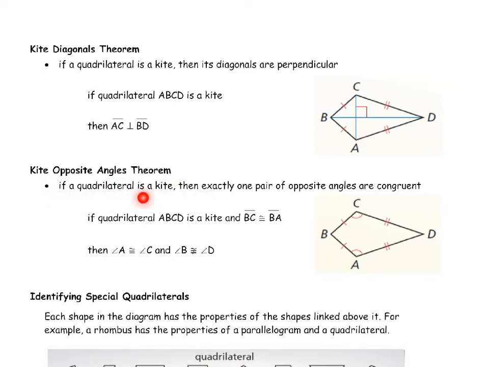If a quadrilateral is a kite, then exactly one pair of opposite angles are congruent. In this case, angle A would be congruent to angle C. I know that angle B and angle D are opposite, but only one pair of opposite angles is congruent, and that is only these 2 right here.